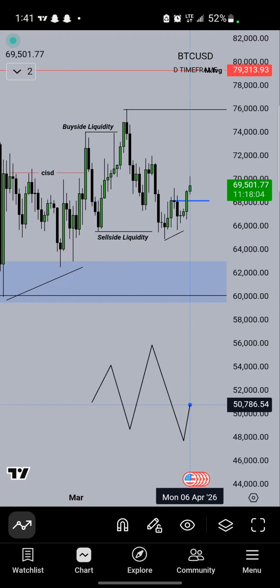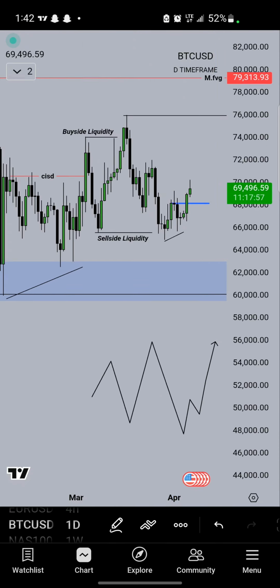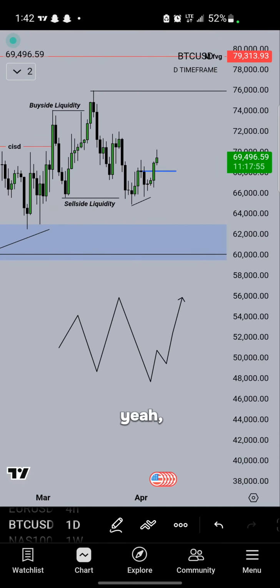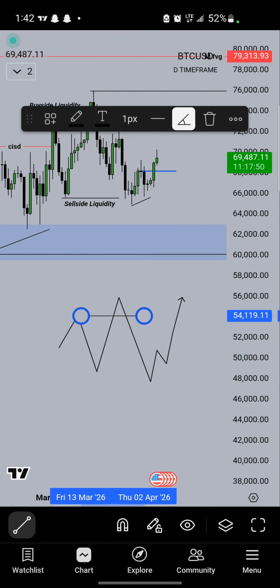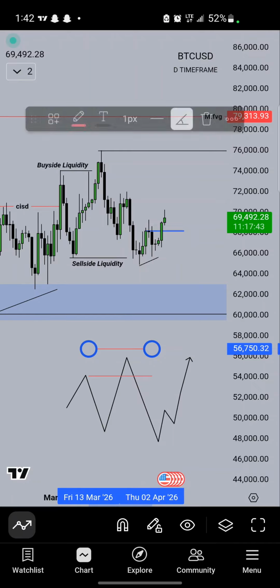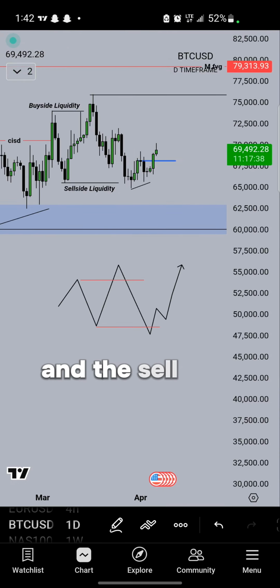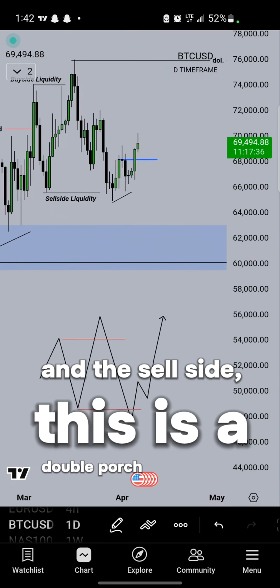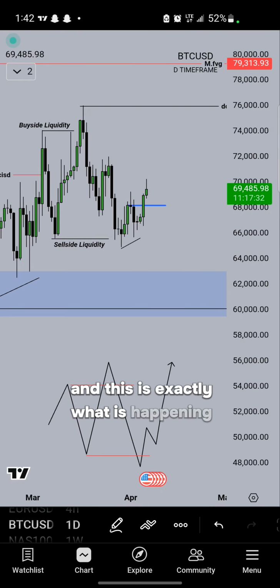So when price takes out the buy side and the sell side, this is a double purge and revert, but this is a bullish scenario, and this is exactly what is happening right here.